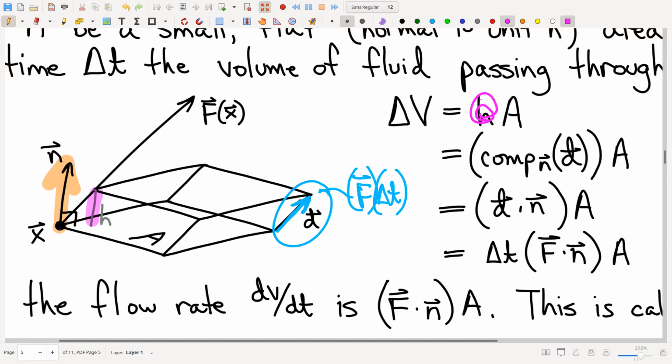All right, so what can I say about the height? I claim that the height is the normal component of that displacement. Everybody see that? There's the displacement, and we want to look at the component of the displacement in that perpendicular direction. That gives me that.